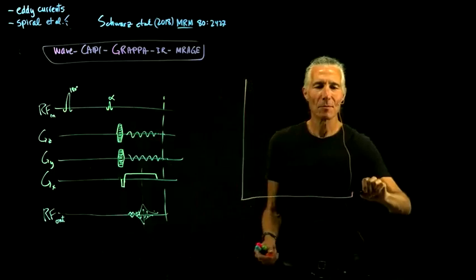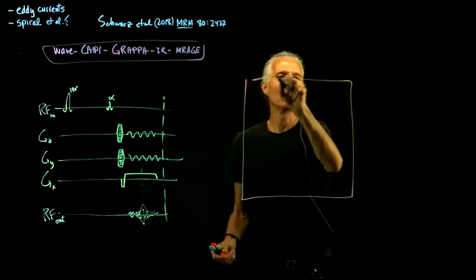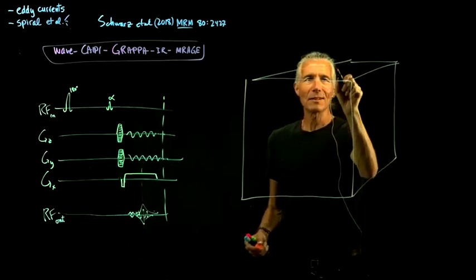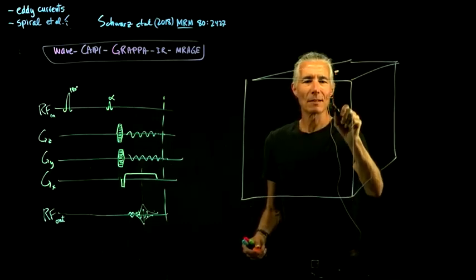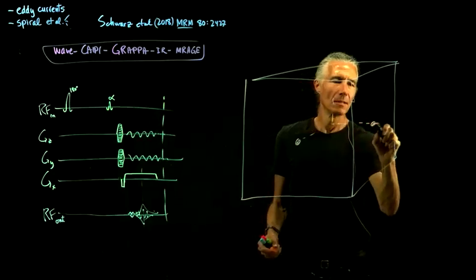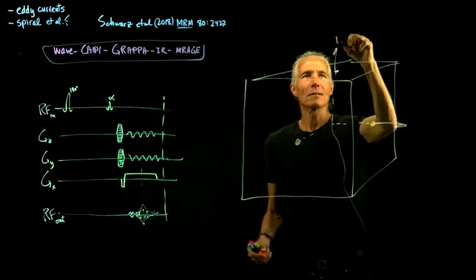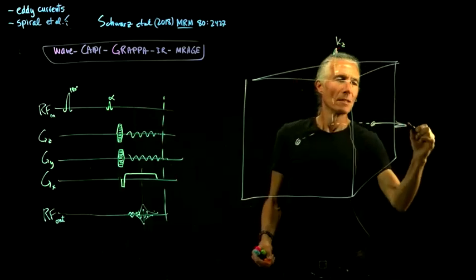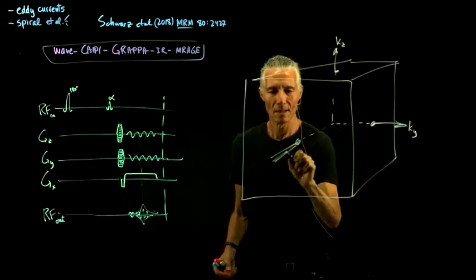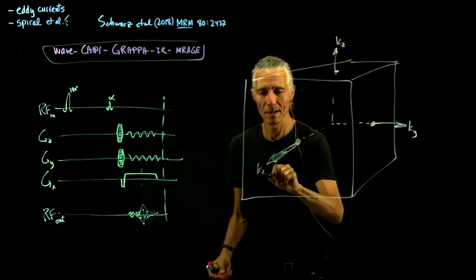So what this does is, I've never drawn this before, so this may or may not be interpretable, but I'll try to keep it reasonable. So we start at the center of K-space. So here's the center. So here's the KZ and KY and KX.